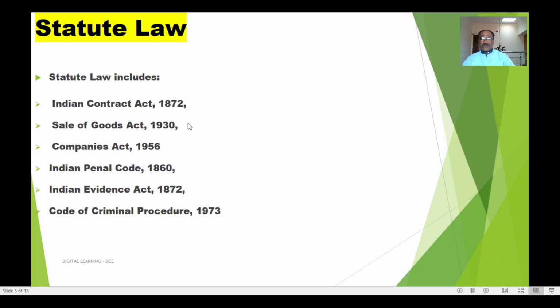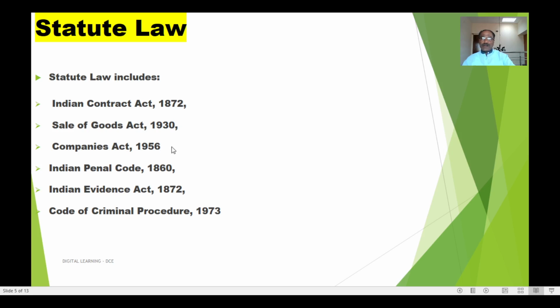Likewise, the Sale of Goods Act consists of the rules and regulations for the buying of goods and services. It is applicable to the purchase and sale of goods, so both the buyer and seller have to observe the rules in the Sale of Goods Act of 1930.